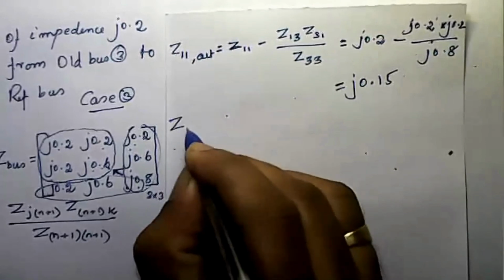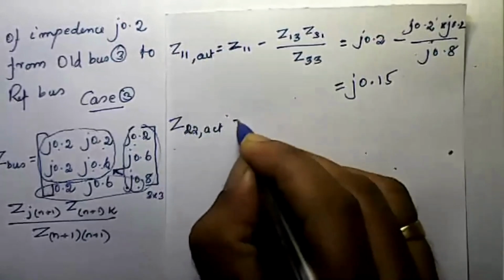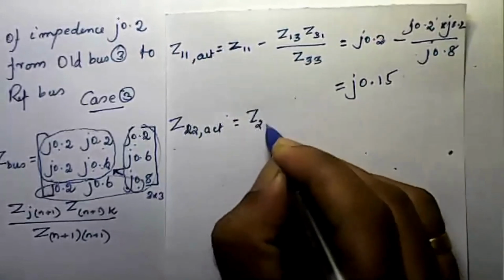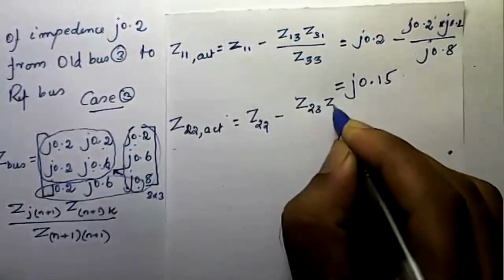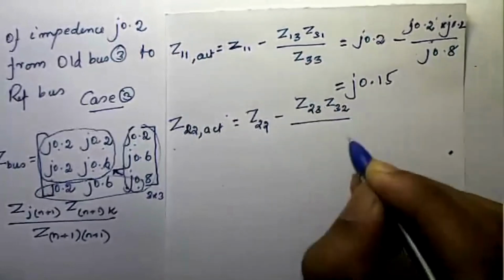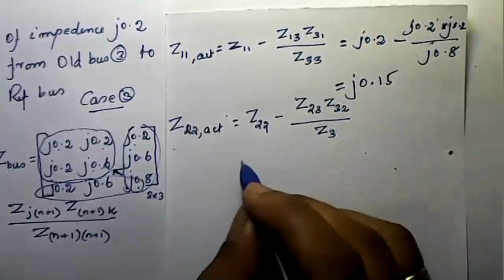Then Z22 actual is equal to Z22 minus Z23 Z32 divided by Z33. Substitute the values.